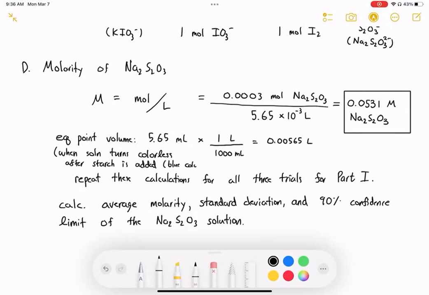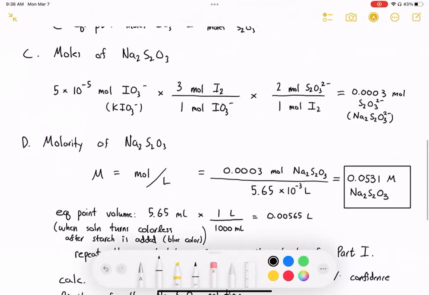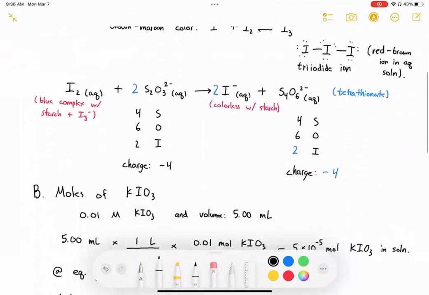If you add the starch and you immediately get a colorless solution, something probably went wrong, and that means there's no more iodine in there. So you would discard that trial and just do another one. Okay, so that's molarity. This is the end of part 1.